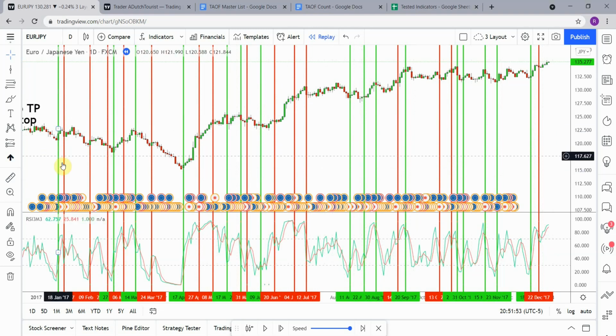And we have 16 winning trades. And so that barely misses the 60% criteria.